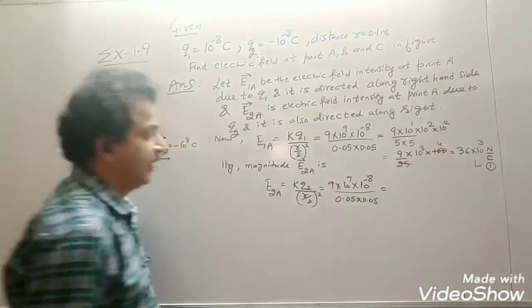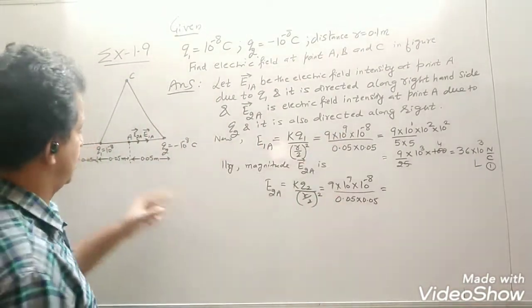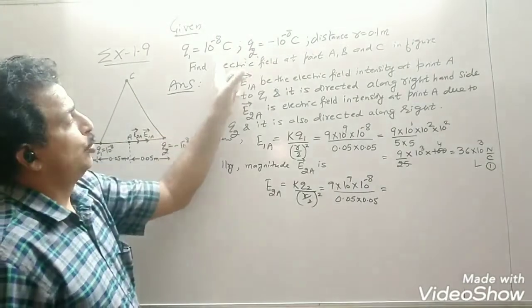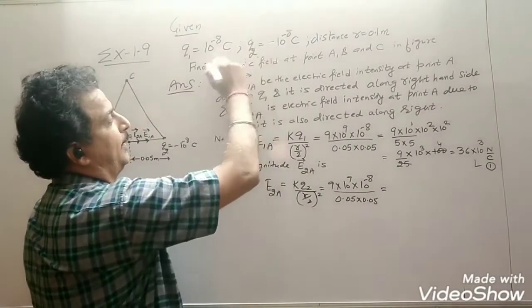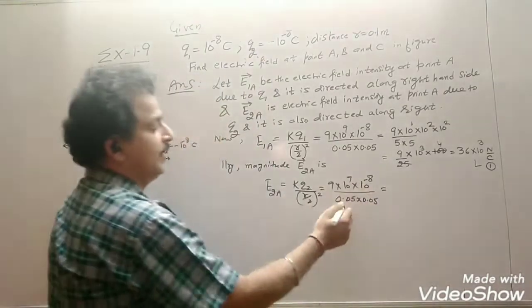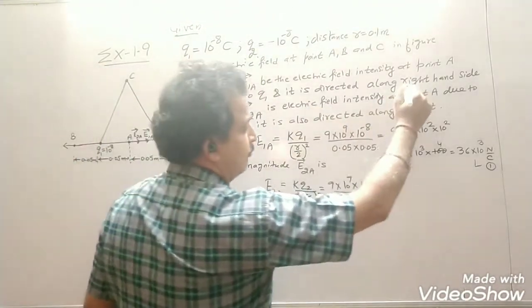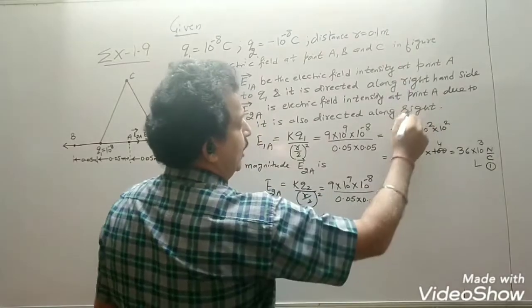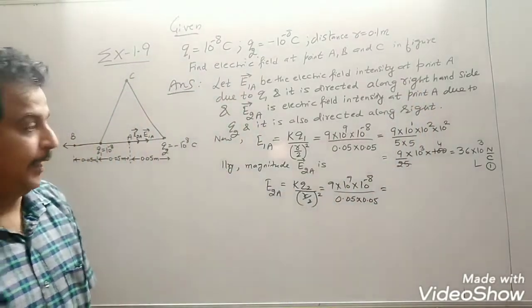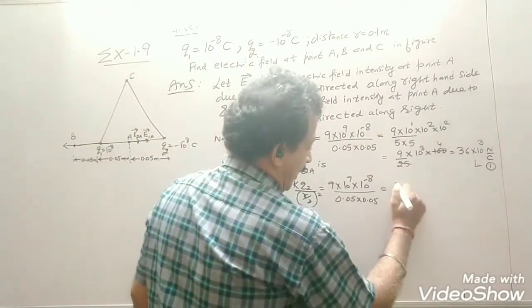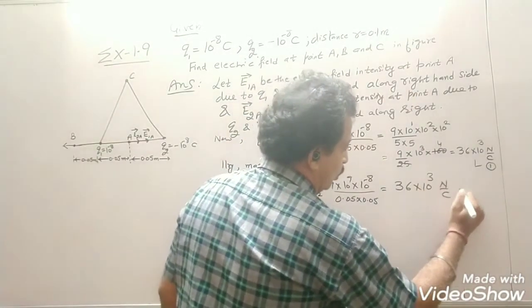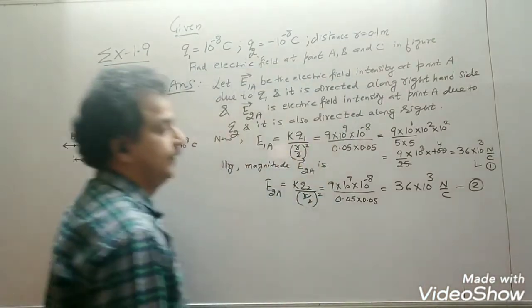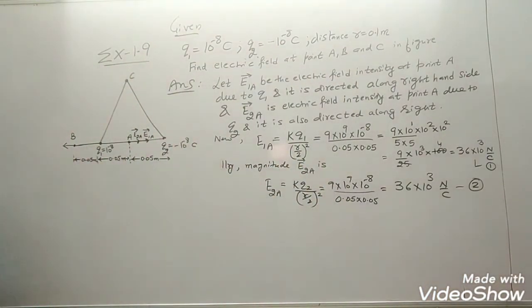Now if you see, the magnitudes are the same because the magnitudes of the charges were the same. The polarity is different, but we are finding the magnitude, and the direction is clear from the diagram. Both electric field intensities are towards right. So if we solve this, again the answer comes out to be 36 into 10 raised to 3 Newton per Coulomb. That is equation number 2.